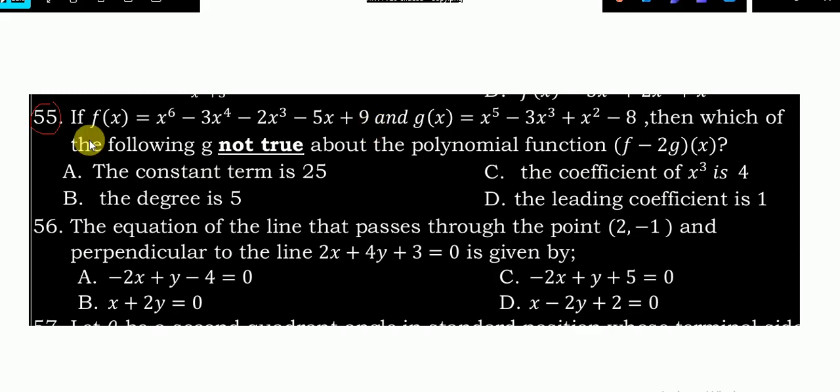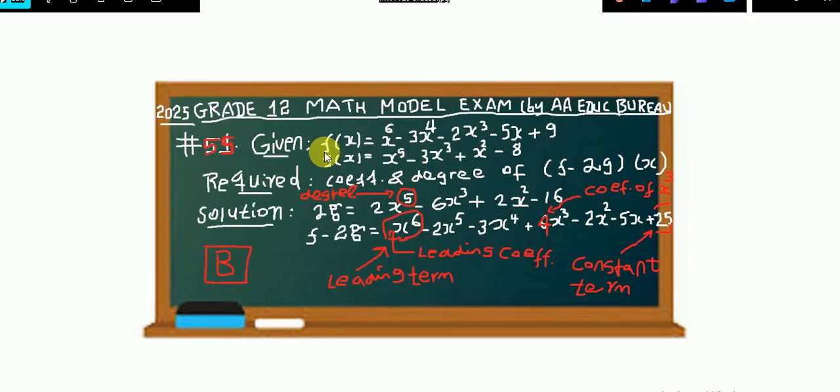Next problem, number 55. If f of x is this polynomial function and g of x is this polynomial function, then which one of the following is not true about the polynomial function f minus twice of g of x? What's given? Two polynomials are given as shown here. What's required? Information about this function f minus twice of g.